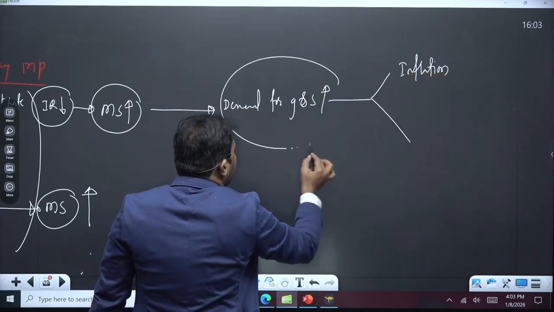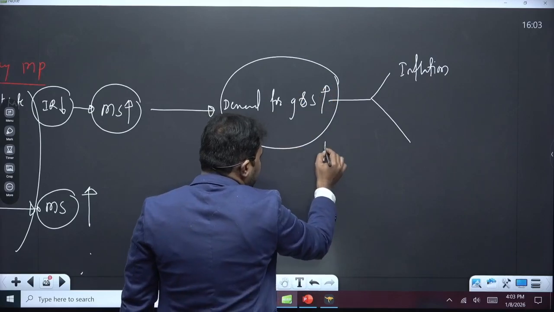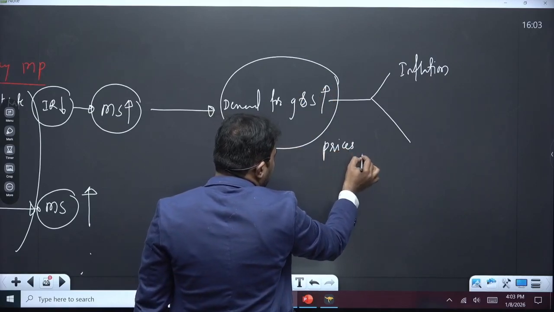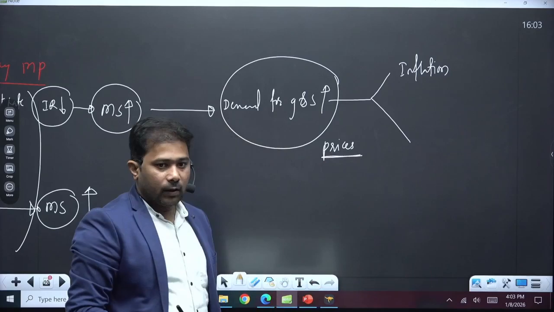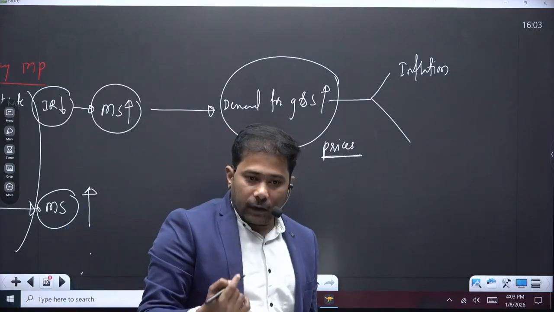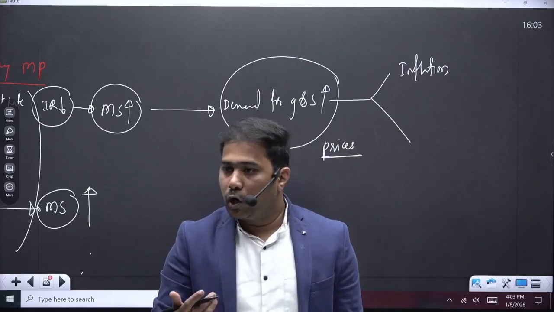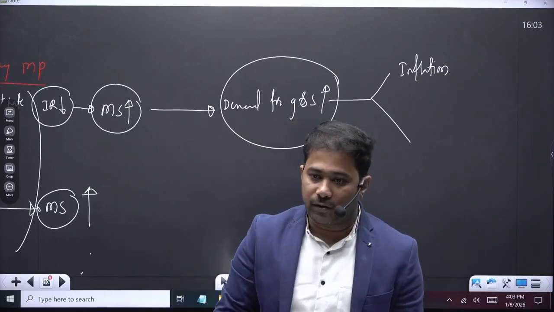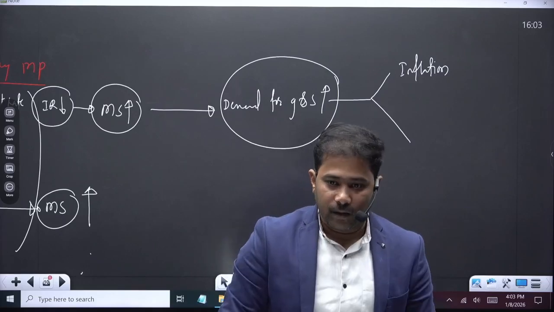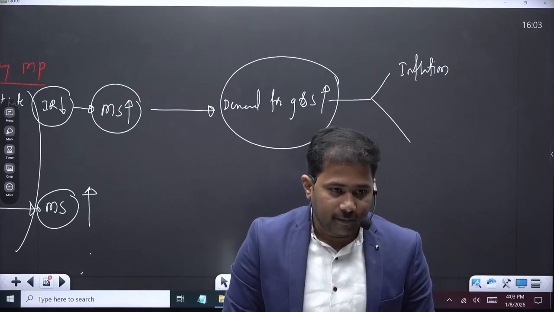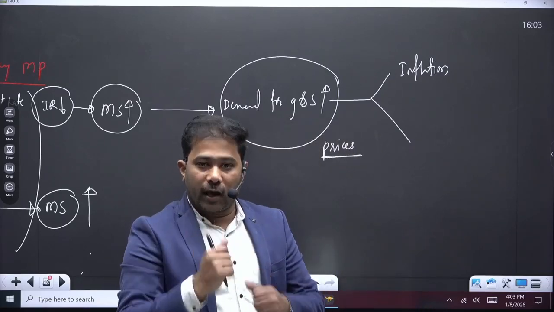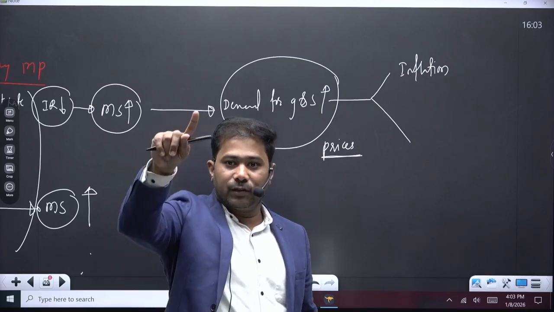At the same time, when there is a demand for goods and services, prices of goods and services increase. If farmers are getting a good price, like tomato selling at 200 rupees per kg, definitely he will go for it. He will produce more tomatoes. It will increase production.